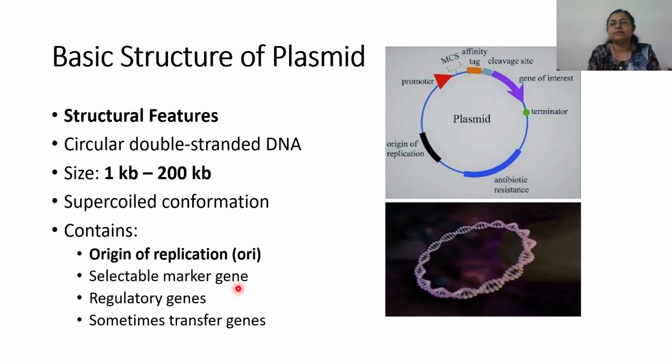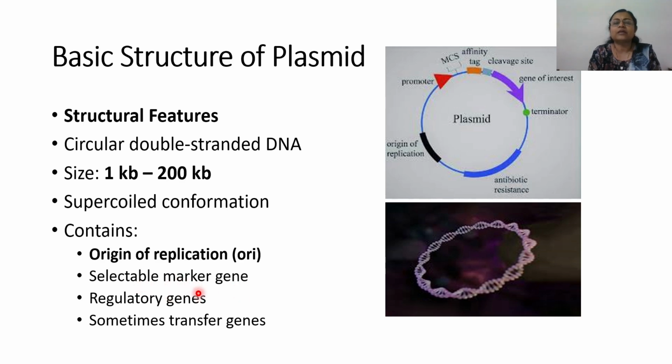Suppose ampicillin-resistant plasmids are there. If we grow the organism in media which contains ampicillin, and the organism shows growth in the presence of the antibiotic, then we can say that this organism possesses the ampicillin resistance gene.